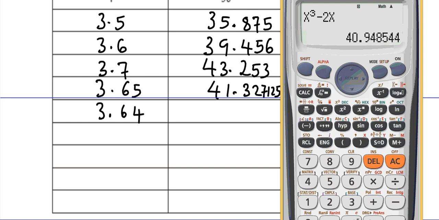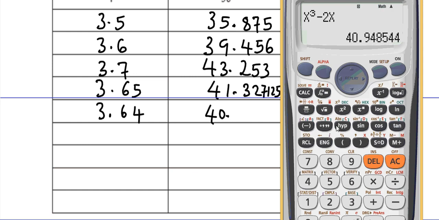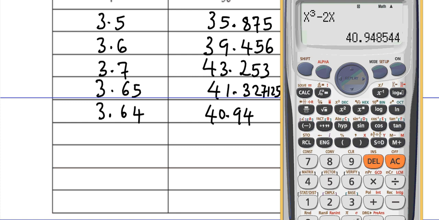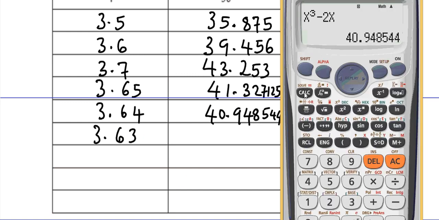We get still 40.948544. Still, this is too big compared with the expected, that is 40. Now you have to go lower than that. This is 3.63.